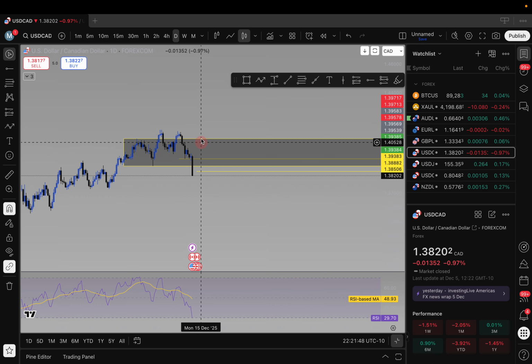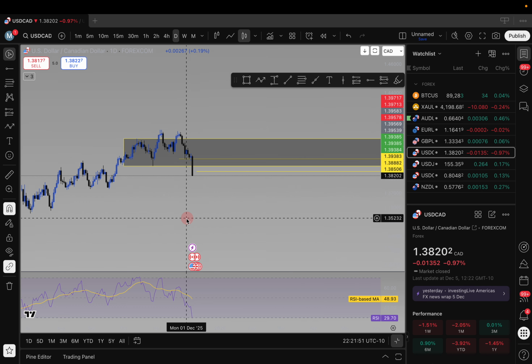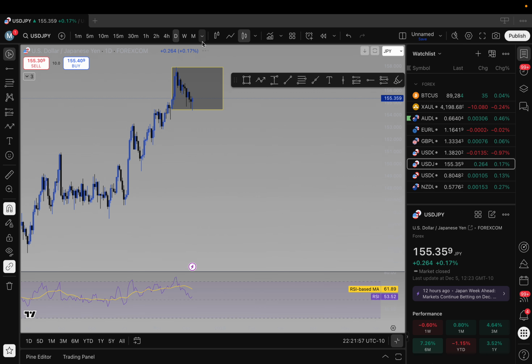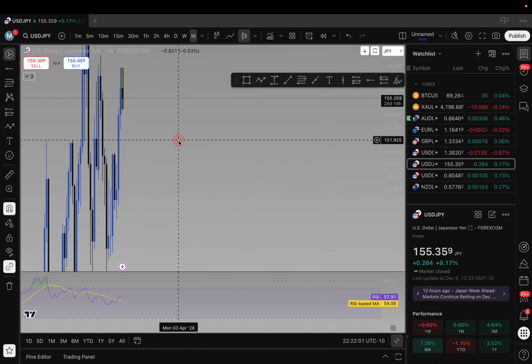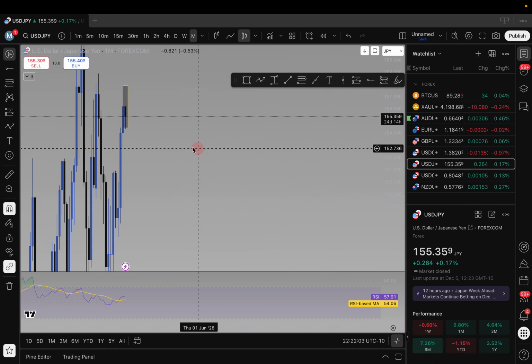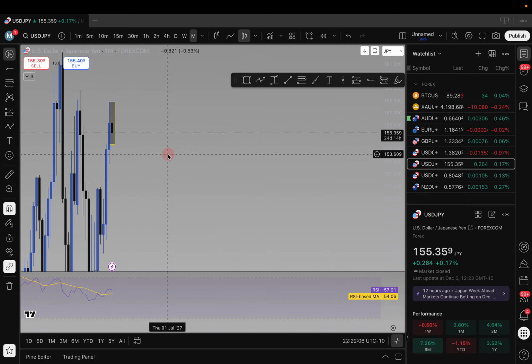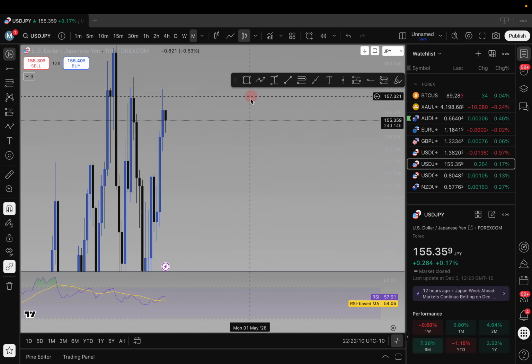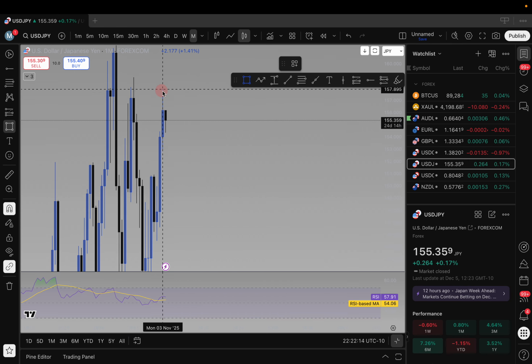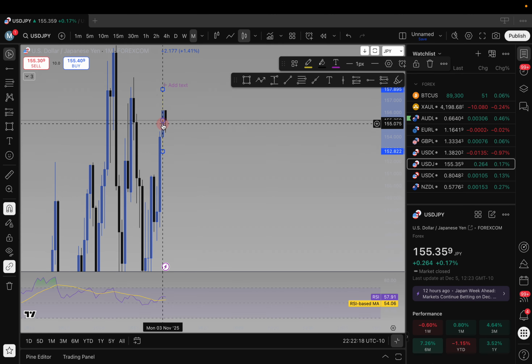So on USD CAD, we'll have to wait and see what the market gives us. Let's look at UJ, right? On UJ, we are on, what theory candle are we on? Are we on a bullish or are we on a bearish?